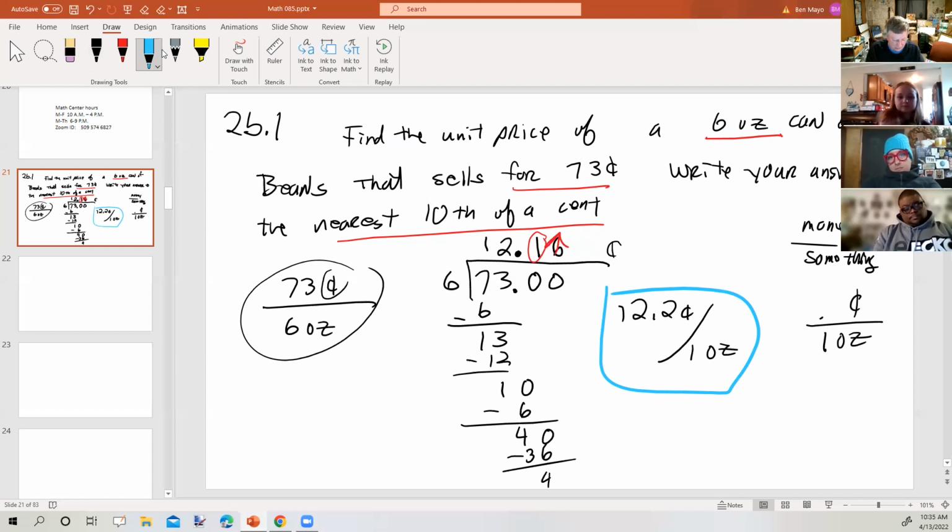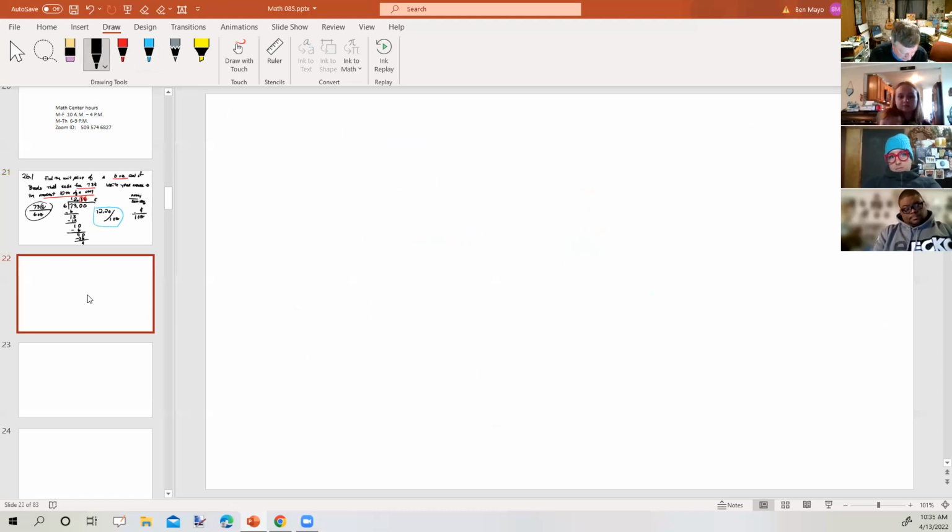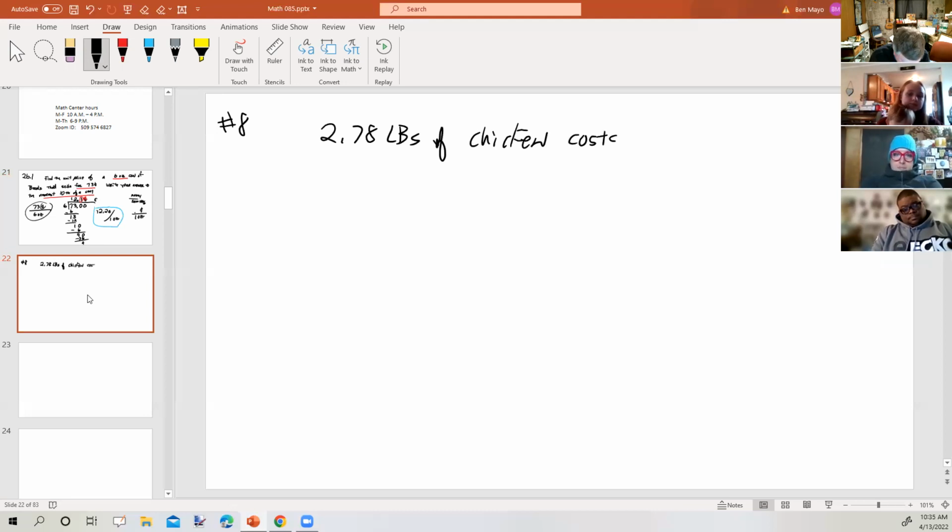All righty, we've got one more similar situation. This is number 8 from that section. And again, your problems number 7 and 8 will be similar, but may have different numbers. So if you're thinking that's not the one I had, it should be similar. We're to find the unit price. We've got 2.78 pounds of chicken that costs $4.83.